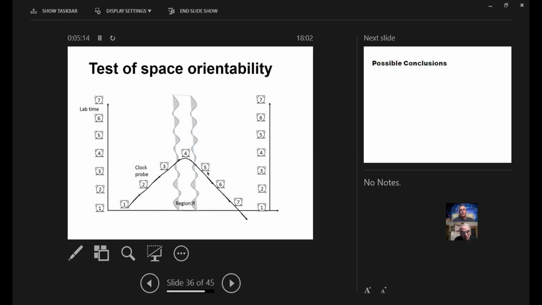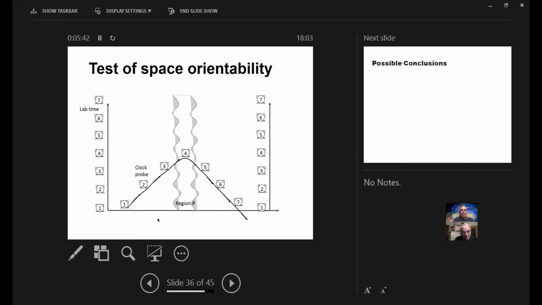And that's because this is what happens. At this point, from in the lab frame, the clock is now going backwards in time. In the clock frame, the lab is now going backwards in time and they're going forwards in time. So this is a definitive proof of a region that is not time orientable.